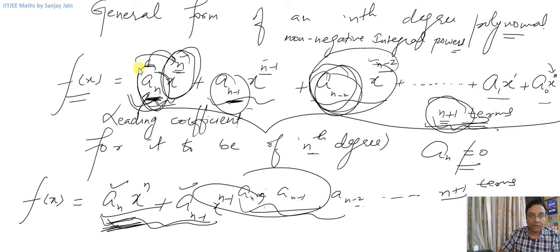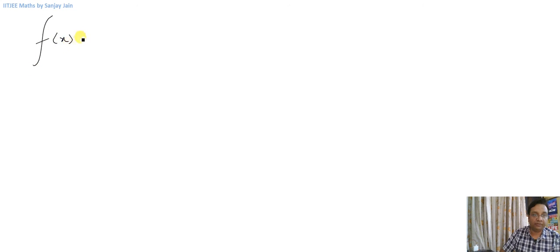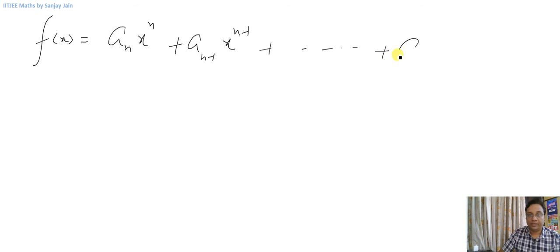Let us say I write it once again. Let us say I've got f of x equal to an x raised to power n plus an minus 1 x raised to power n minus 1, and so on till a1x plus a naught.